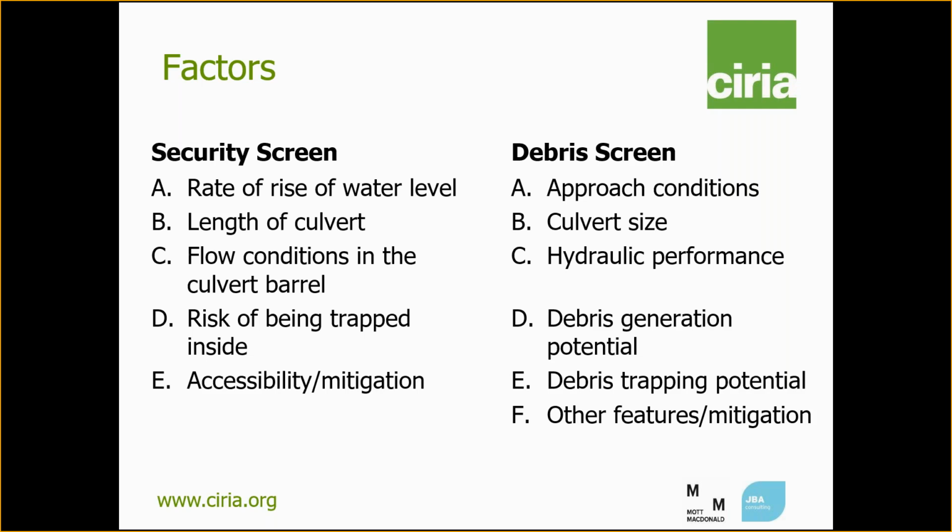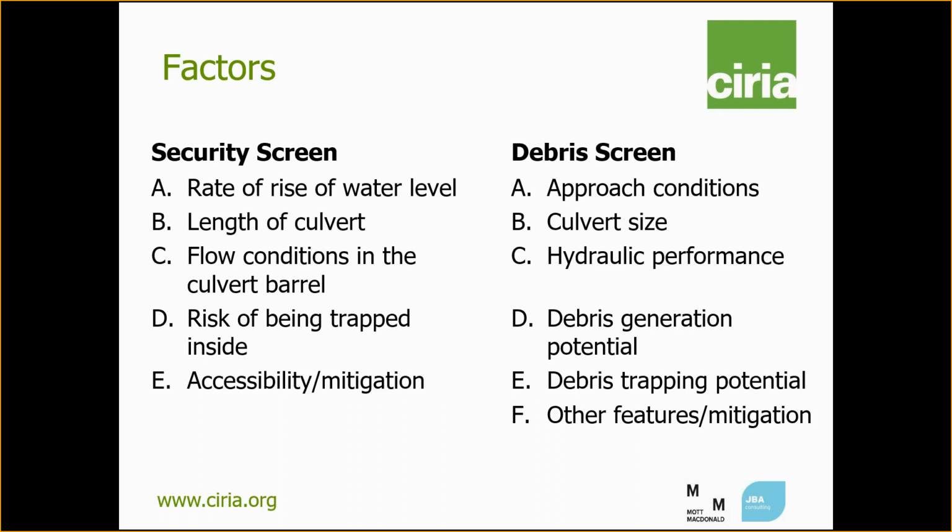And for security screen, that is the rate of rise of the water level, the length of the culvert, the flow conditions in the culvert barrel, the risk of being trapped inside, and then how accessible the culvert is. Each of these factors, by the way, have a different weighting, so that is a difference from the existing Environment Agency Trash Screen and Security Guide, where the factors there all had equal weighting.